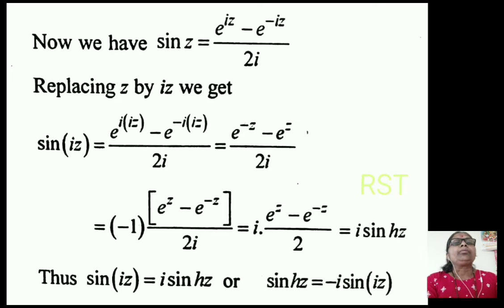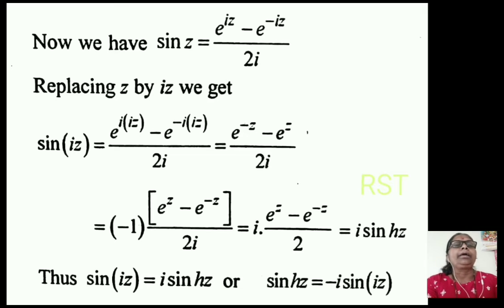Sin of iz equal to, we take minus 1 common, so that sin of iz equal to minus 1 into bracket e raised to z minus e raised to minus z upon 2i, which is equal to i.